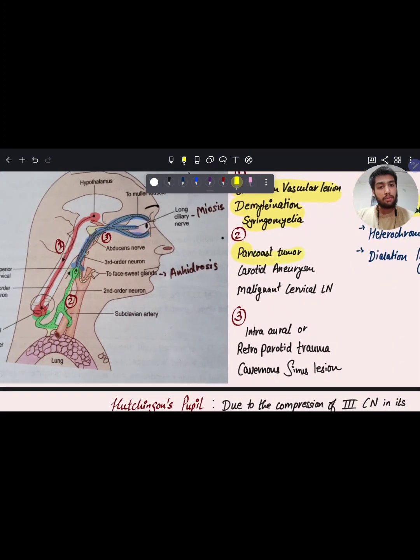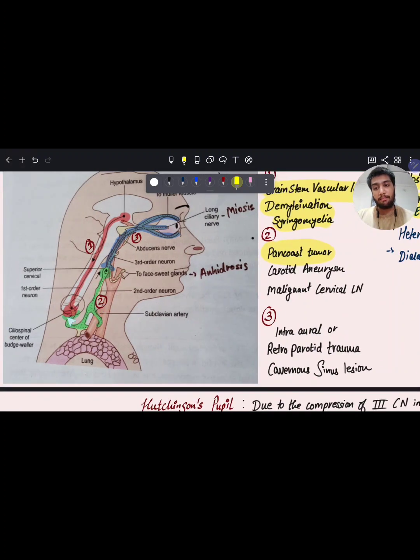Very famous Pancoast tumor, क्योंकि see, look at the second order neuron here highlighted in green. From the ciliospinal center, this nerve here is hooking around subclavian artery and then going and supplying to the superior cervical ganglion. ठीक है.